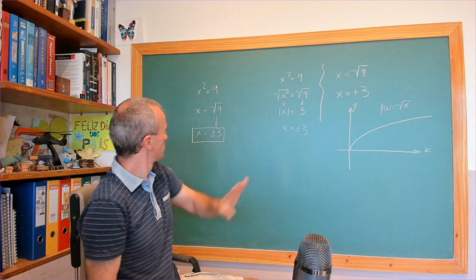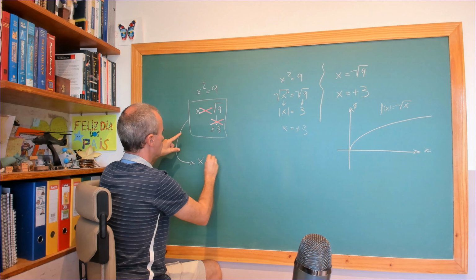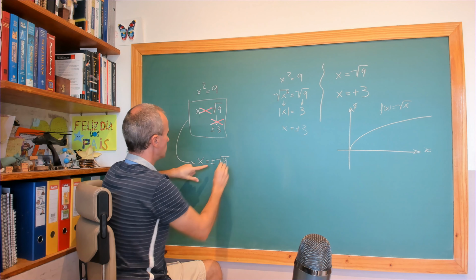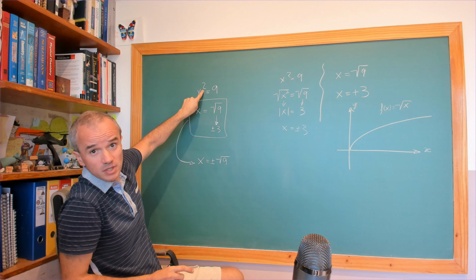So at first, I told you that that passage was wrong and that passage was wrong, didn't I? I'm going to rewrite this now, plus or minus 3. This is wrong. How can we fix this? Well, we should do this: x equals plus or minus the square root of 9. The plus or minus comes right after the x loses the square root.